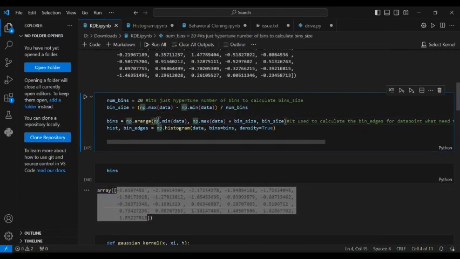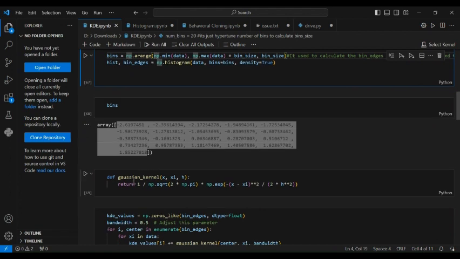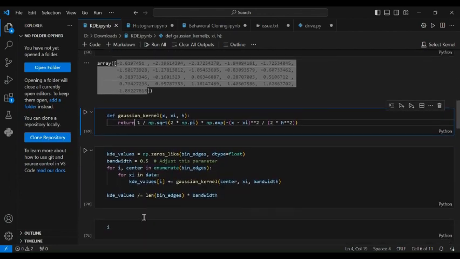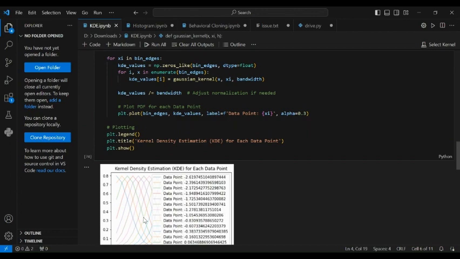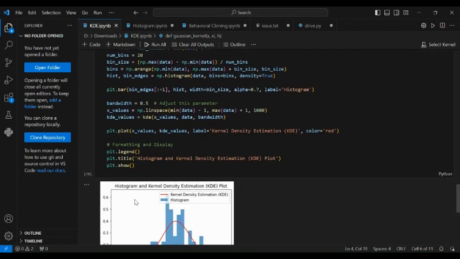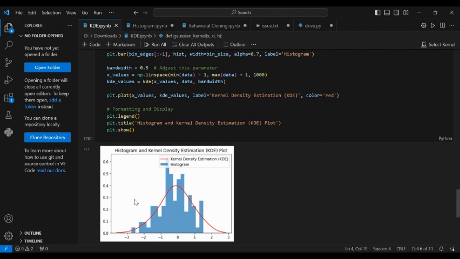First we used the data, did the histogram plot with the bins and bin size, then defined a function for the normal distribution and used it, so for every data point we built the normal distribution. Then we converted it into a KD plot by summing up the values of density, and based on that we plotted it.